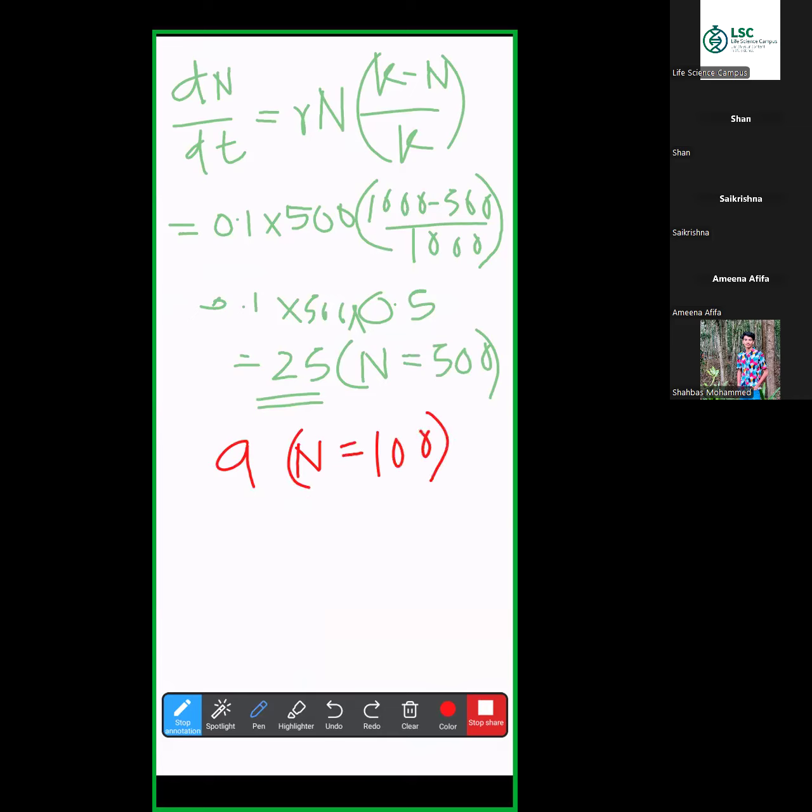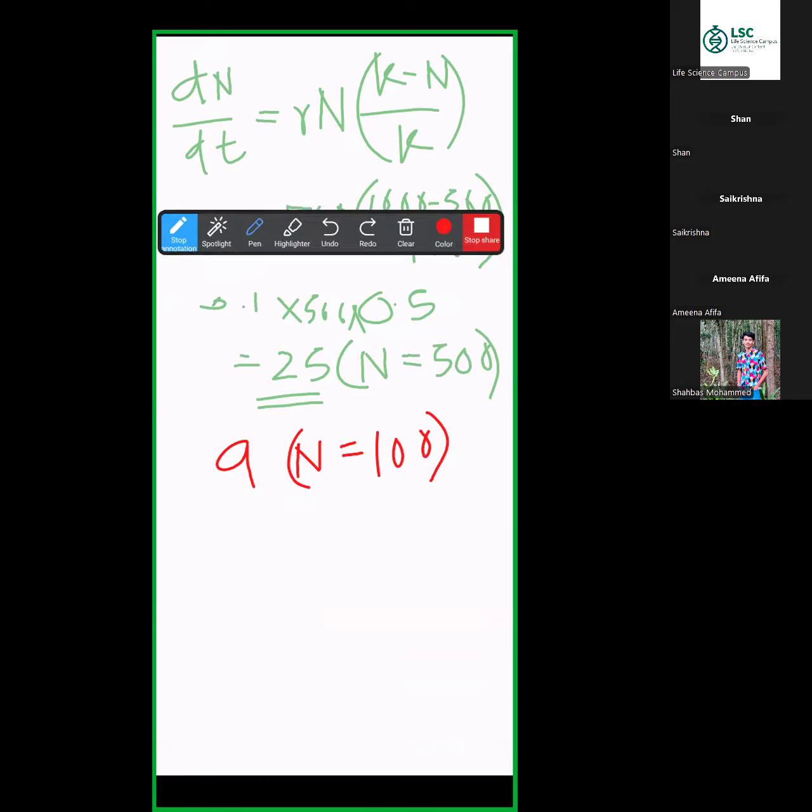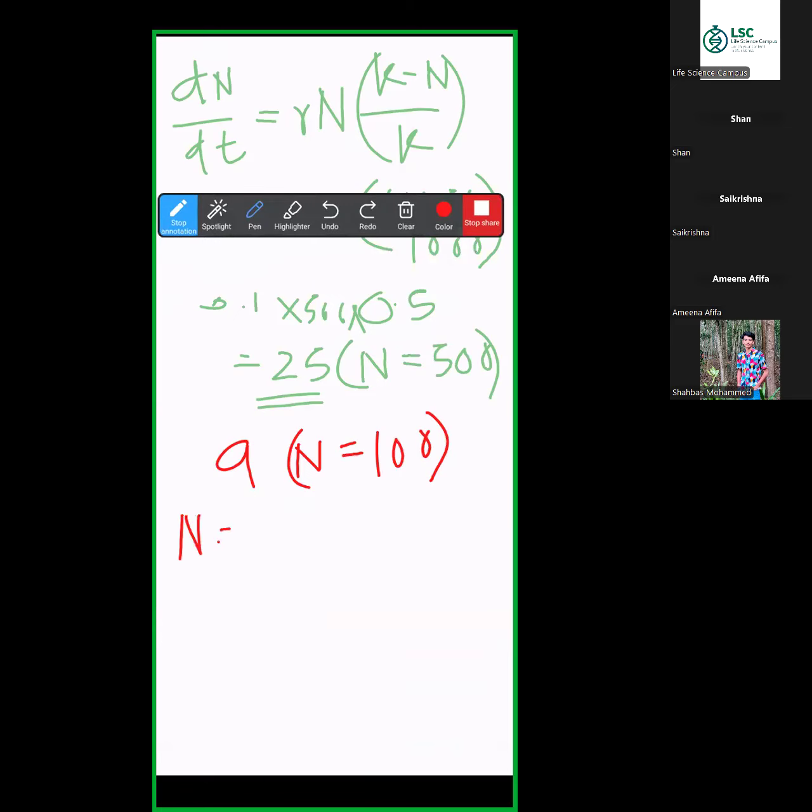And one more case is there when the N value is 900. So delta N by delta t is equal to 0.1 into 900 into (1000 minus 900) by 1000.